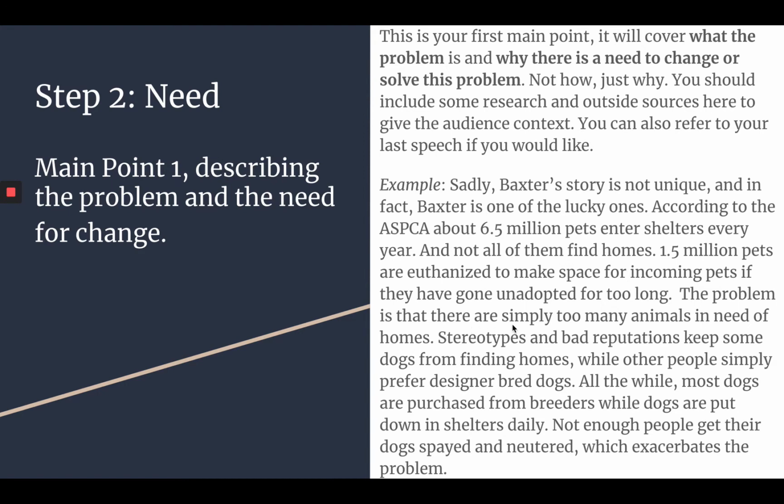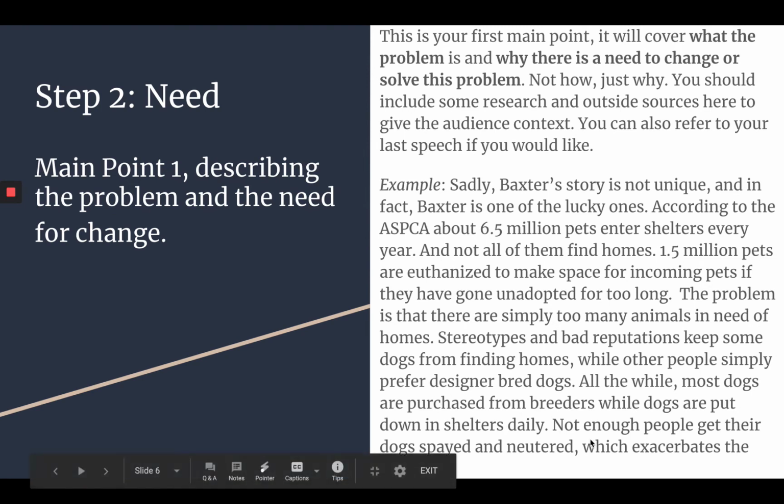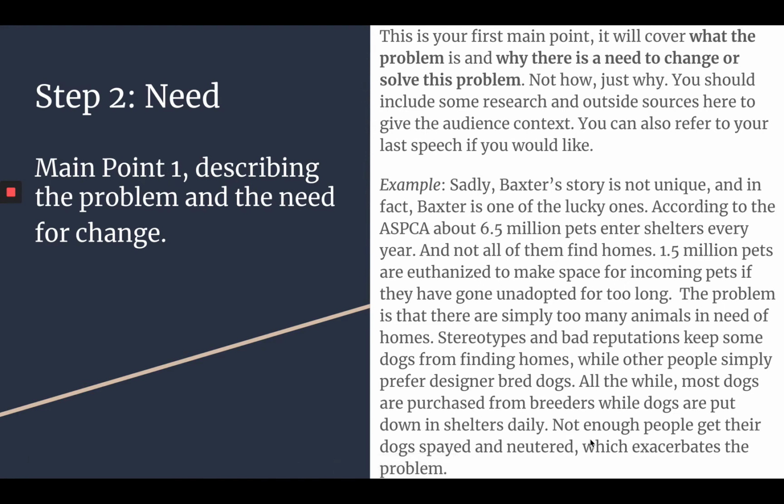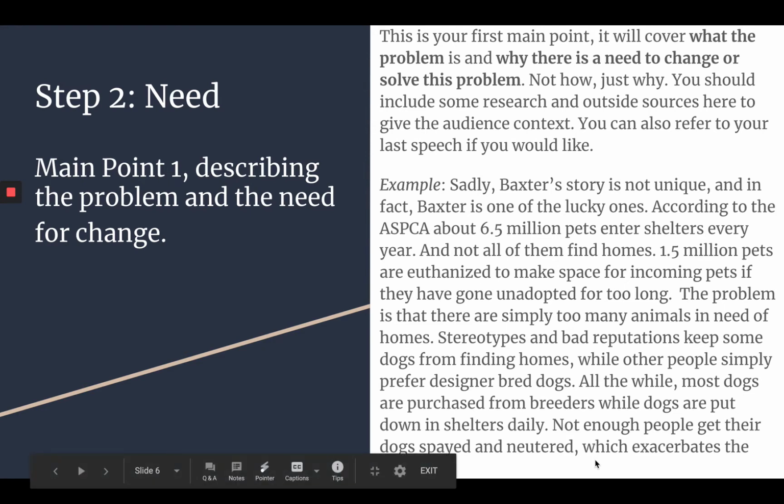The problem is that there are simply too many animals in need of homes. Stereotypes and bad reputations keep some dogs from finding homes, while other people simply prefer designer-bred dogs. All the while, most dogs are purchased from breeders, while dogs are put down daily in shelters. Not enough people get their dogs spayed or neutered, which exacerbates the problems.